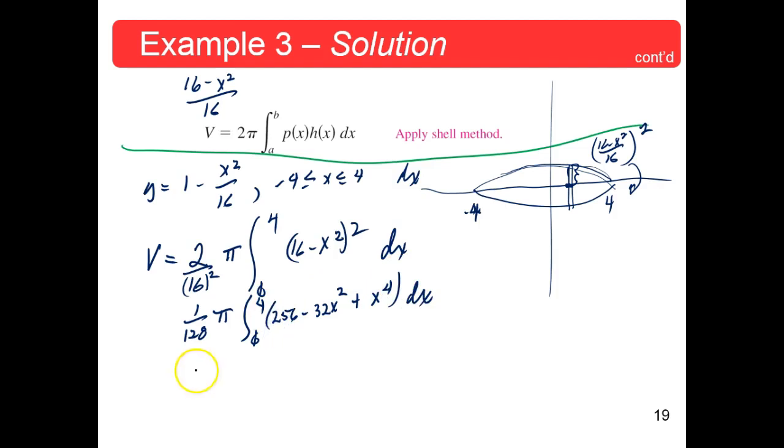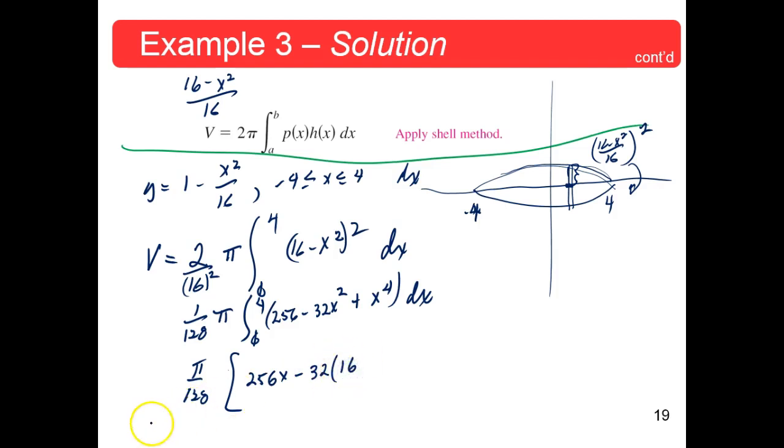Okay? So that's 1 over 128. Well, let's just put pi over 128 times. What's going to be the antiderivative of 256? 256x minus 32 times 6.